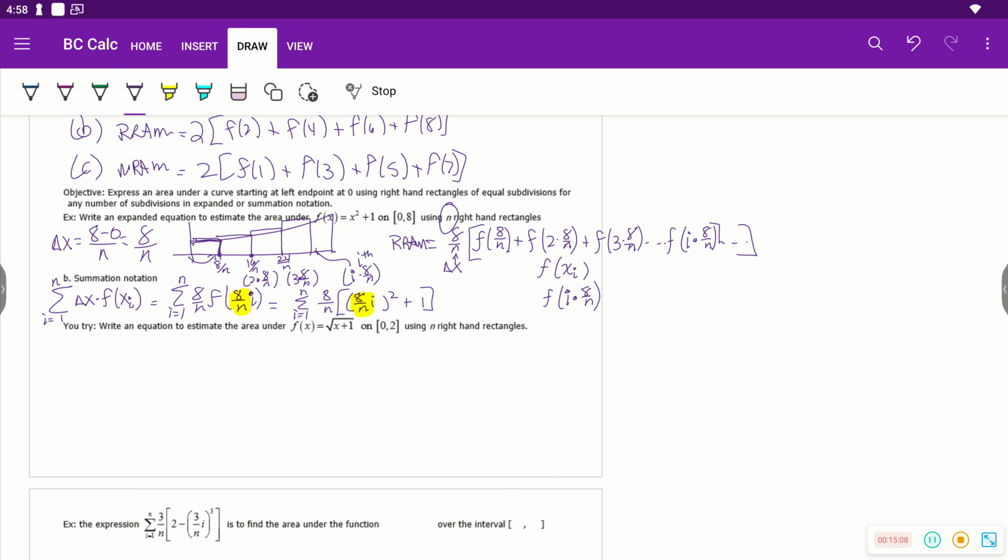You try. Write an equation in summation notation, I mean, to estimate the area under f of x equals root x plus 1 from 0 to 2. In essence, I want you to redo this work.